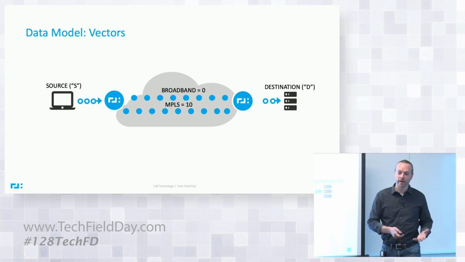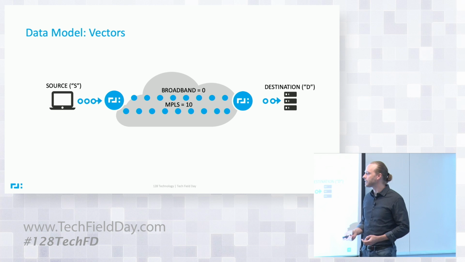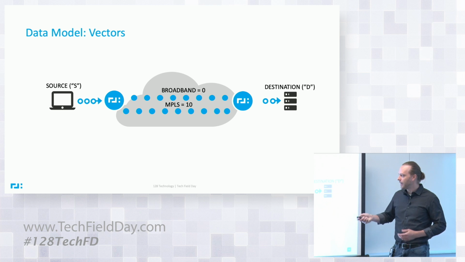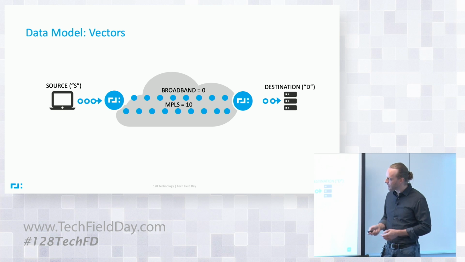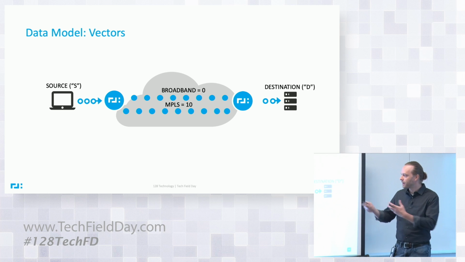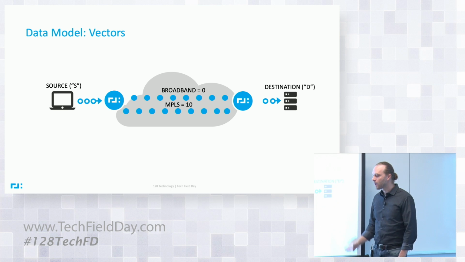They want to prefer T1 for voice. They want to use their broadband effectively for internet offload or any of the other services they might have. And so you can define a different cost per service. In this case, we'll make MPLS, or like the T1 interface, higher cost for everything else, our service D, and the converse could be true for the other alternate path.